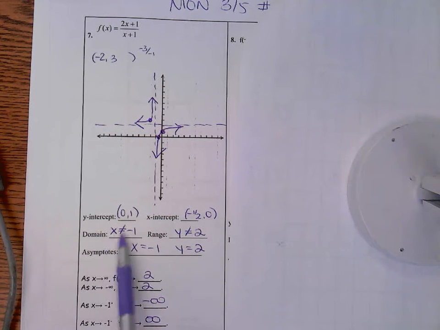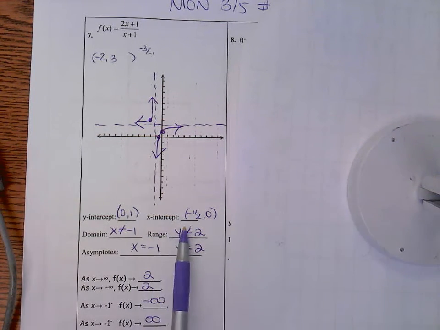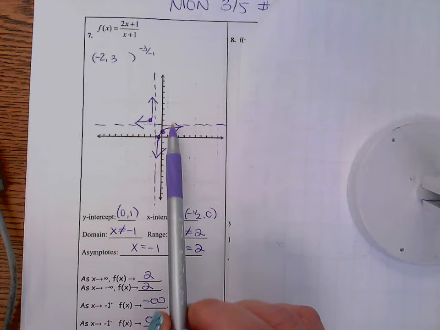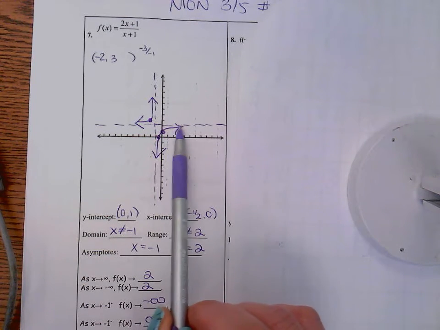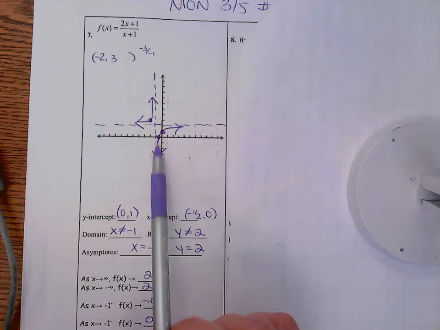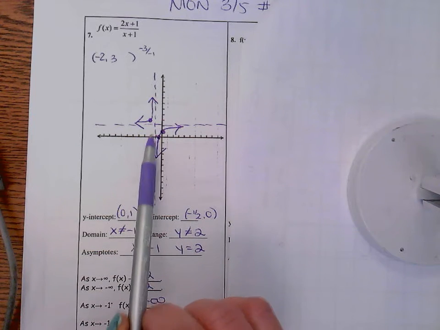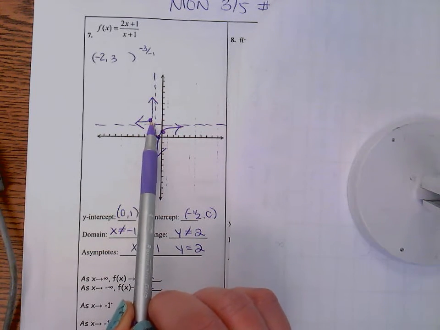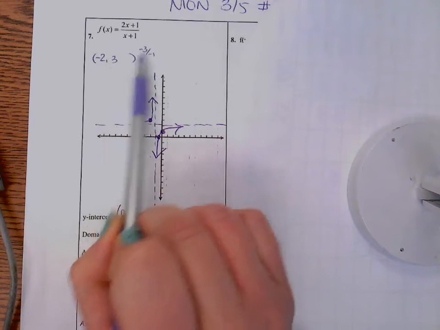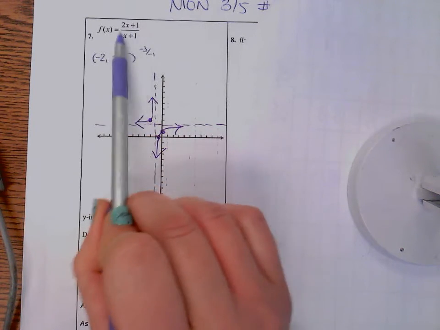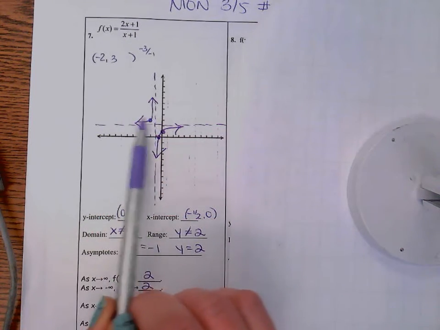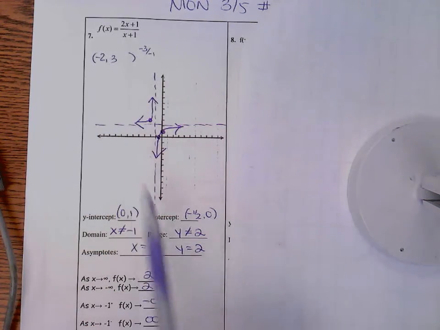My domain and range are what x cannot equal, so they get that slash through as part of their equation. And then the only point that I didn't know, I knew that this elbow was in the bottom right for my intercepts. I plugged in the point -2 for x. So I plugged in -2 up here, calculated it out, and got +3. So that's how I knew my elbow was in that top left.